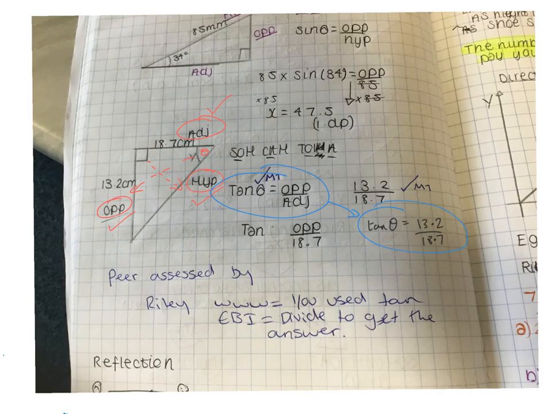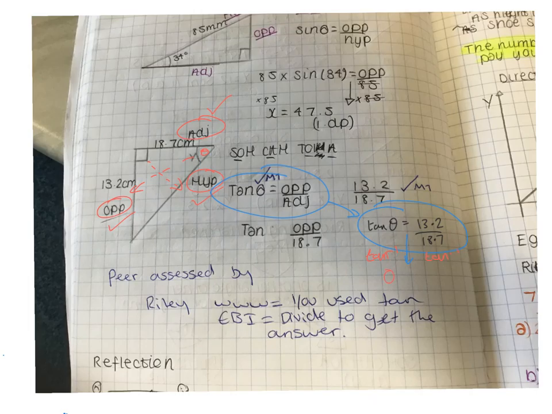Okay. Now you can see here that this person's then got confused what to do next, and that's entirely understandable because we're not used to having both sides being given. Okay, but what you should do if you have got both sides given is you should be trying to get theta on its own, this thing on its own, and to get rid of the tan, you need to do tan to the -1. So you press shift and tan on your calculator.